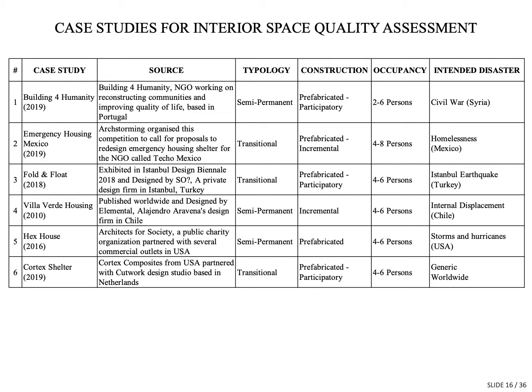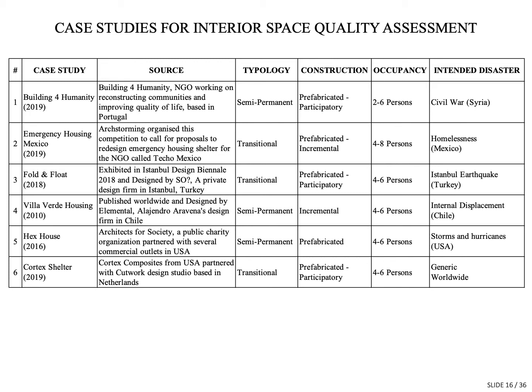The second case study is Emergency Housing Mexico. It is also a competition in 2019 by an NGO called Teco Mexico, and its intended disaster was homelessness in Mexico after floods.